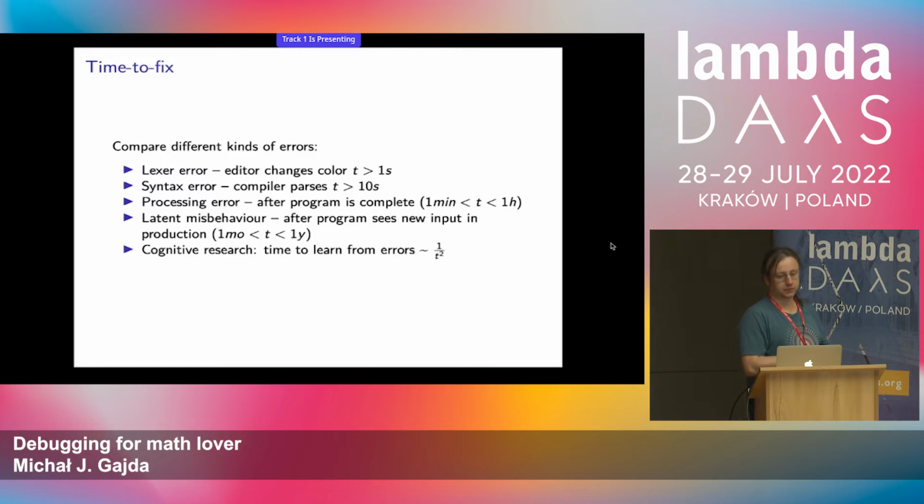There is also another problem. According to cognitive research, for short periods, your learning rate, how quickly you learn from errors, is the inverse of the square of the time that you wait for feedback. So basically, for short periods, like 1 second or a few seconds, if it's 1 second, then you learn 4 times faster than if the delay is 2 seconds.